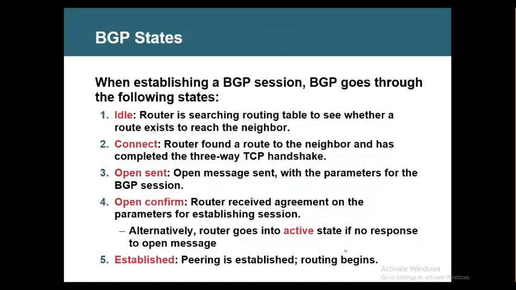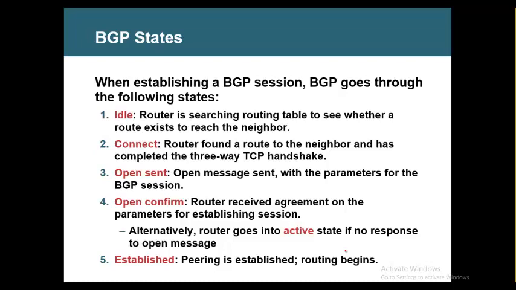Now there are different states of BGP. Different message types are different from the BGP states. Earlier, in the first chapter, we saw different message types: open message, notification, update message, and keepalive message. Those are message types.